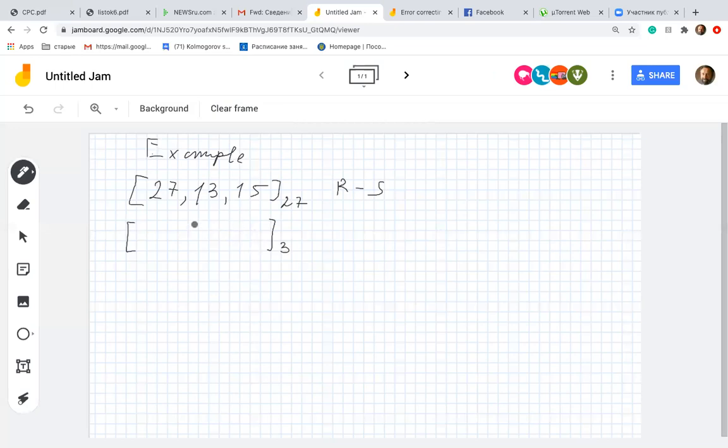The dimension should be also 3. And for example, we can use again a Reed-Solomon code, say of length 3, but this is not interesting.